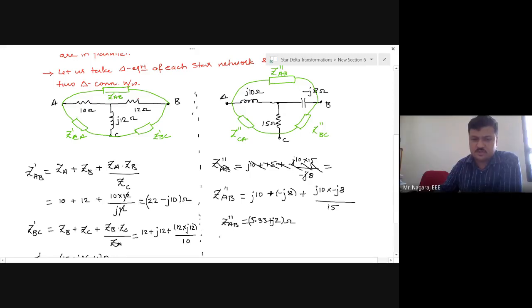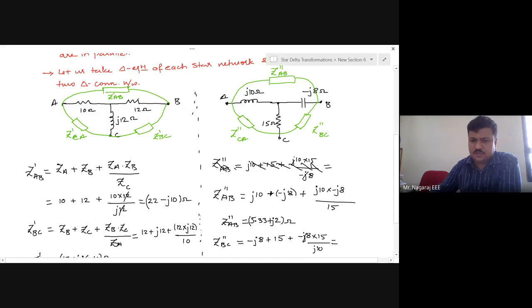ZAB double dash. Similarly, ZBC double dash is equals to ZB is minus J8 plus 15, which is ZC, plus minus J8 into 15 divided by plus J10.